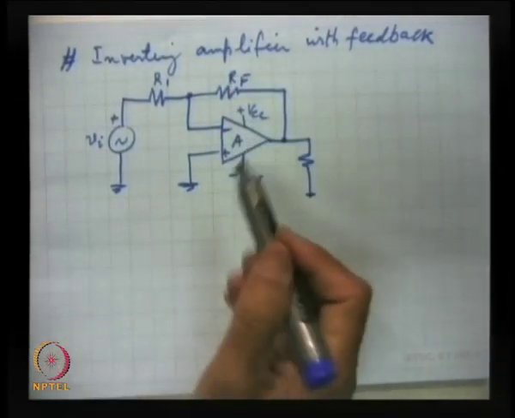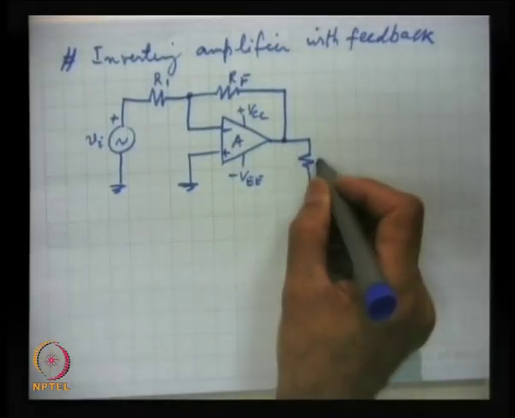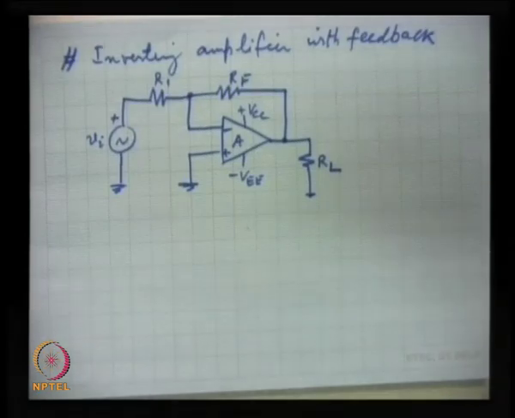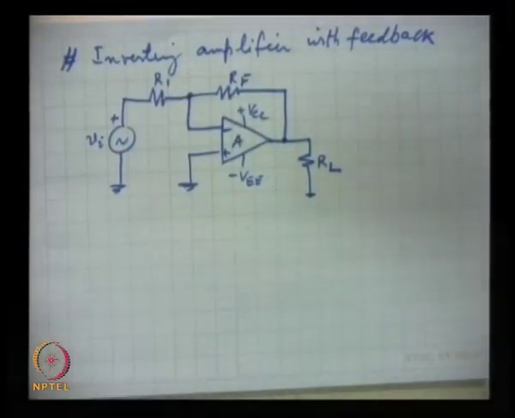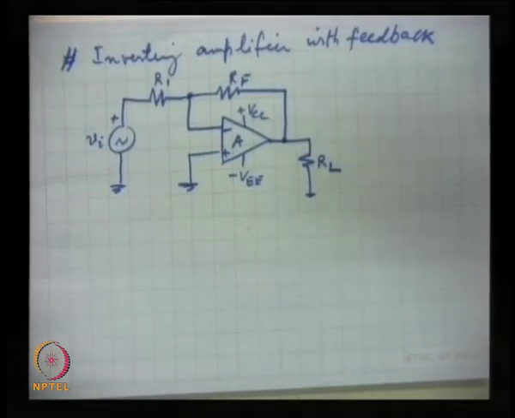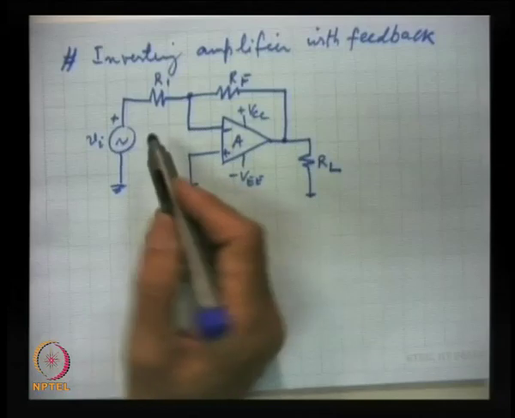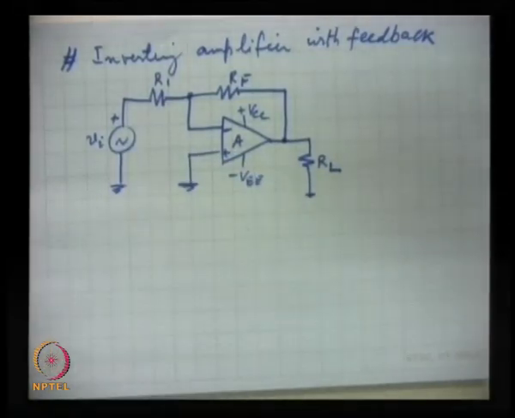This is the circuit for the inverting amplifier. We just connect two resistances, RF and R1. These two resistances externally connected make an inverting amplifier.